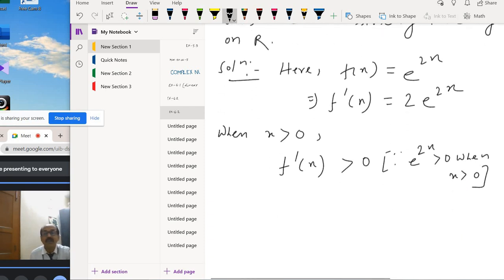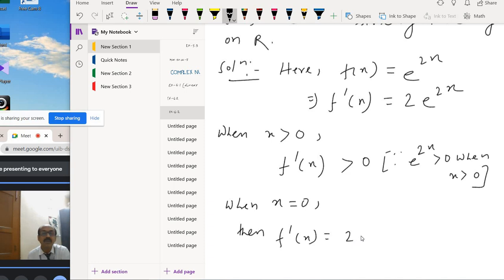Okay. Now when x equal to 0, then f dash x equal to 2 into e to the power 0. x is 0, e to the power 0 is 1, that is 2.